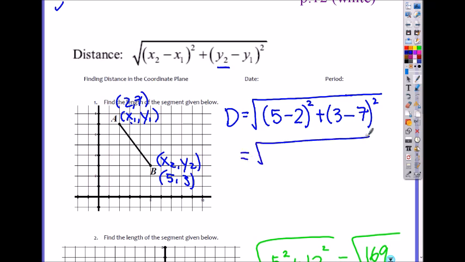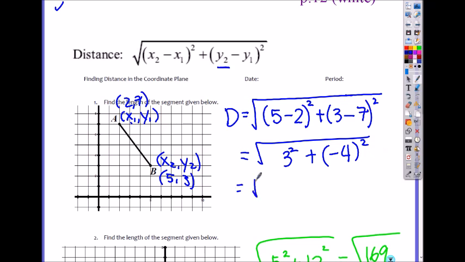So square root of, what's 5 minus 2? 3 squared plus, what's 3 minus 7? Negative 4 squared. When you plug into a calculator, you can do parentheses negative 4 squared, or if I were you, I'll just put positive 4 squared, because negative 4 squared equals positive 4 squared.